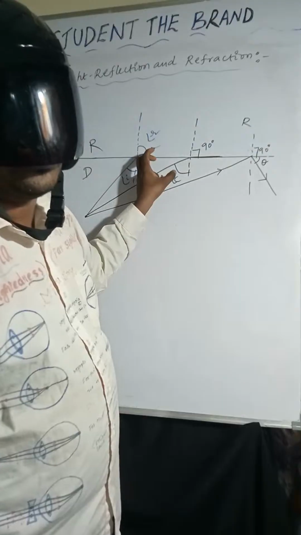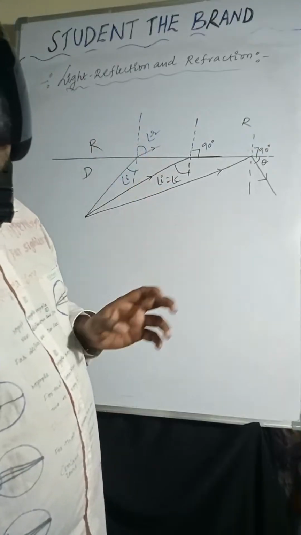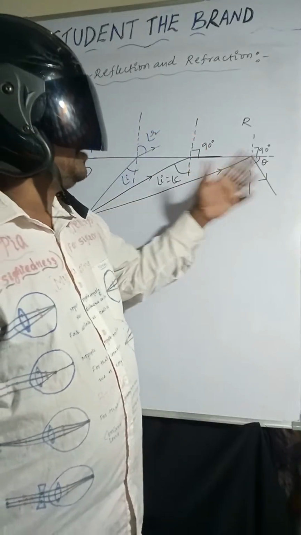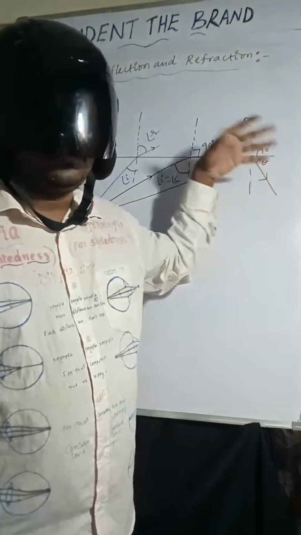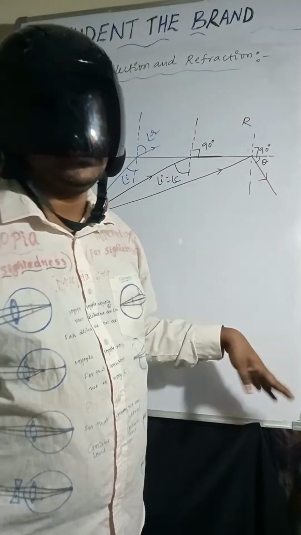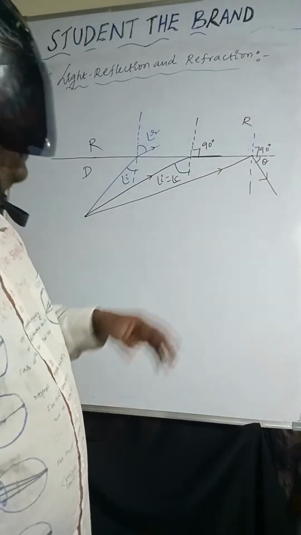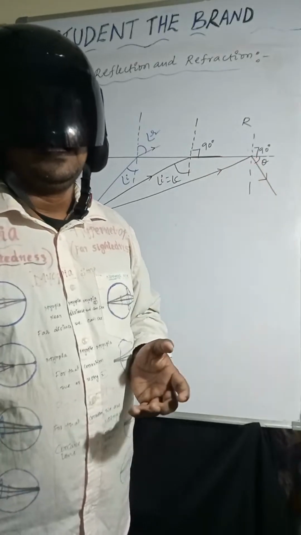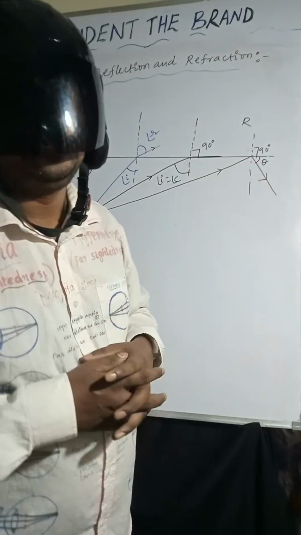That angle is called the critical angle. If the angle of incidence is more than the critical angle, the light reflects back into the same medium. That is total internal reflection. I hope it is very clear.